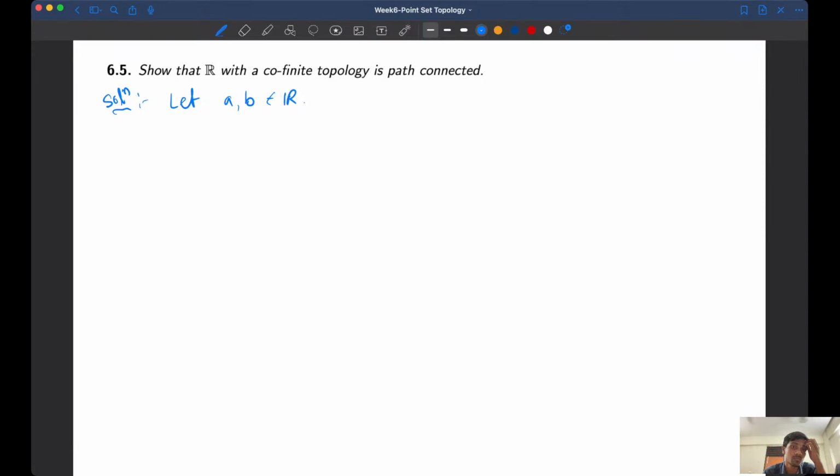So that means you have to produce a continuous map f from [0,1] to R such that f(0) equals a, f(1) equals b.